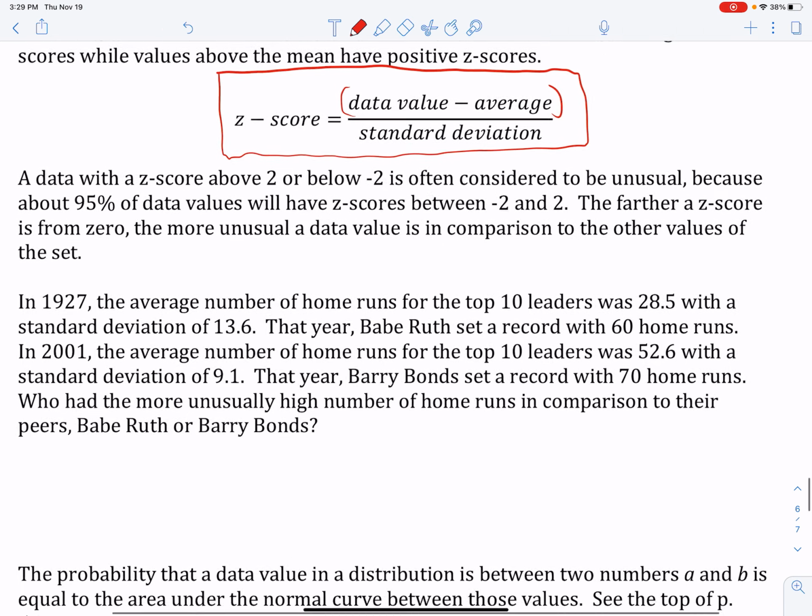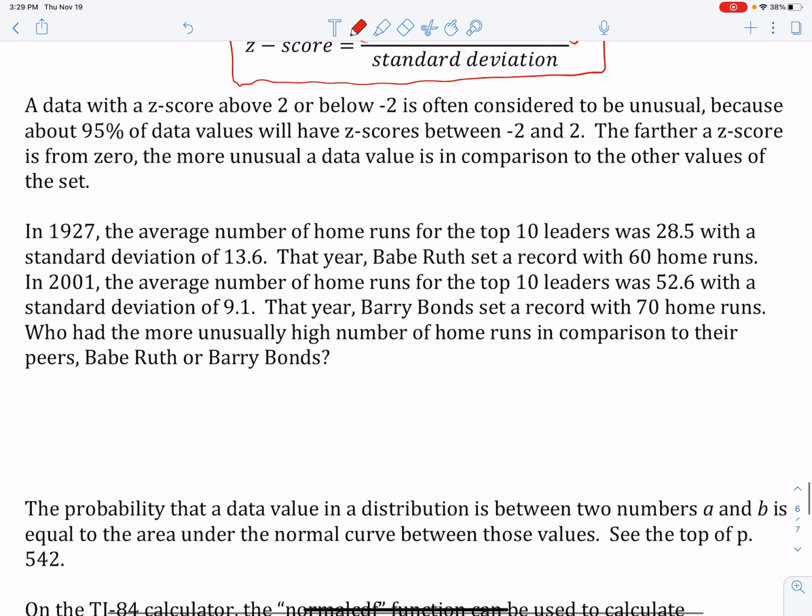And we're going to do an example of that right here. It says, in 1927, the average number of home runs for the top 10 leaders was 28.5 with a standard deviation of 13.6. That year, Babe Ruth set a record with 60 home runs. So let's calculate the z-score for Babe Ruth.